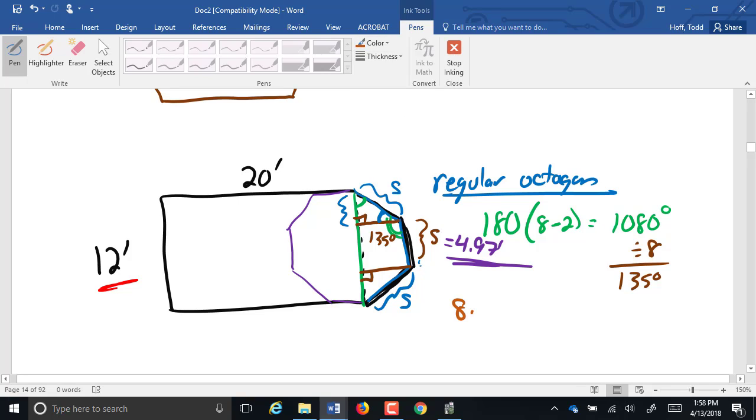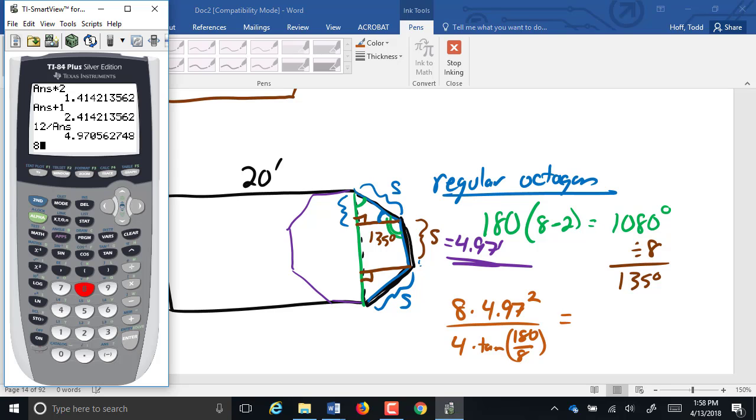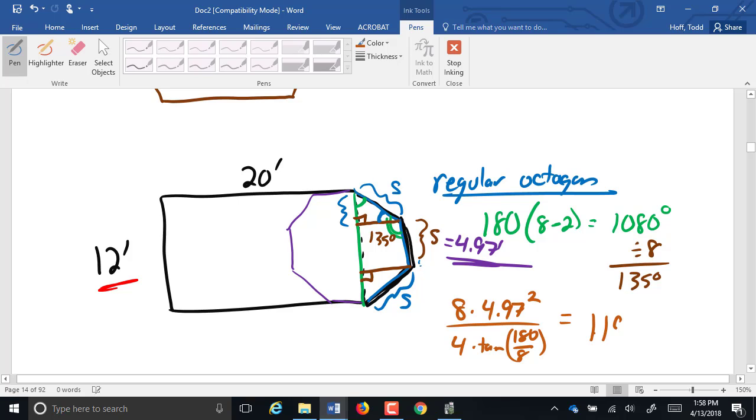Well, it'd be 8 times 4.97 squared over 4 times tangent of 180 over 8. Otherwise known as 119.29 square feet. But that'd be the whole octagon.